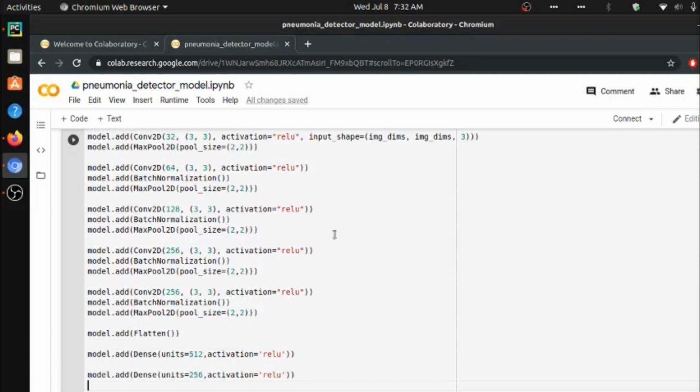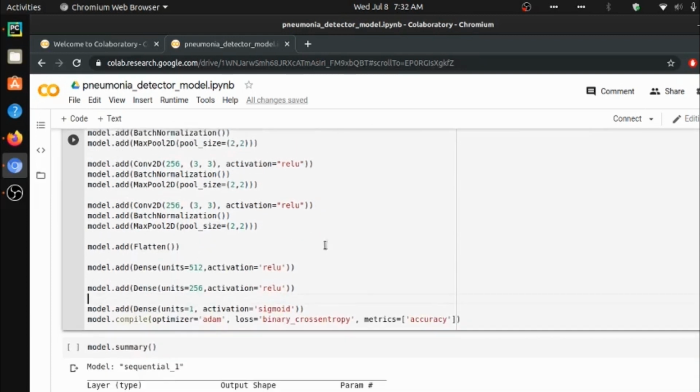All of them have an activation function of rectified linear unit, while the last one has an activation function of sigmoid. Then we compile the model with an optimizer, that is Adam, and the loss is binary cross entropy. In a case where we have two categories, we use binary cross entropy, otherwise we have categorical cross entropy, and the metric is accuracy.